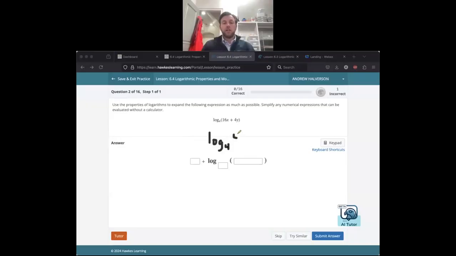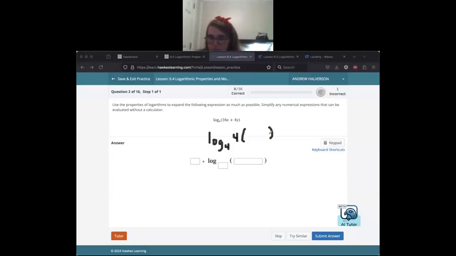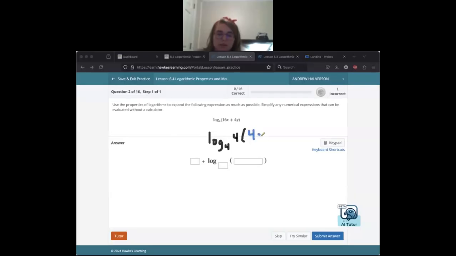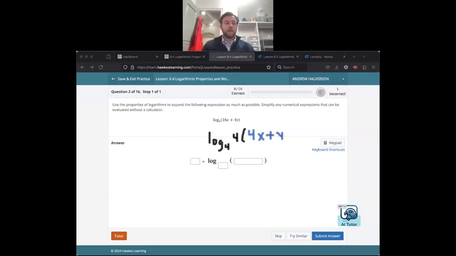We're going to take out a GCF of 4, and what's left on the inside when we do that? 4x plus y. Right.